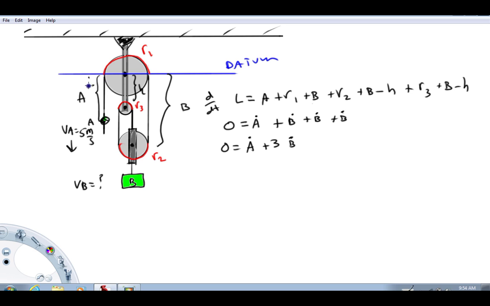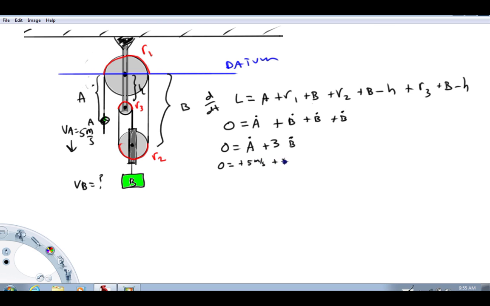If I define A as a coordinate with up positive, then A dot would be minus 5 meters per second. Going back to the way I set this problem up, I was interpreting A as a distance when I wrote this equation. The distance I call A is increasing, therefore for A dot I'm going to put positive 5 meters per second.